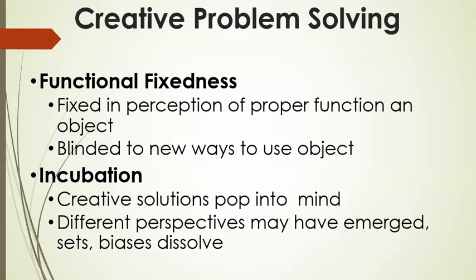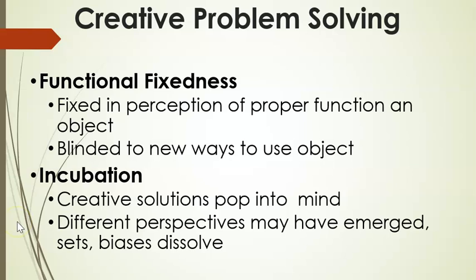So we see this a lot in, say, functional fixedness, where we're fixed in a perception of proper function of an object and blinded with new ways of using it. So functional fixedness prevents us from doing creative problem solving because we're not able to use our creativity. We're not able to produce something new and valuable because of functional fixedness.